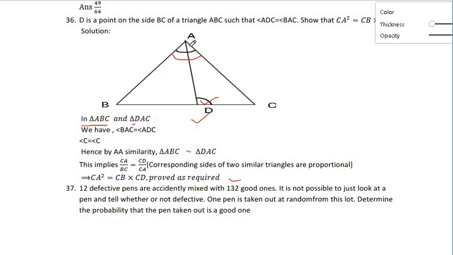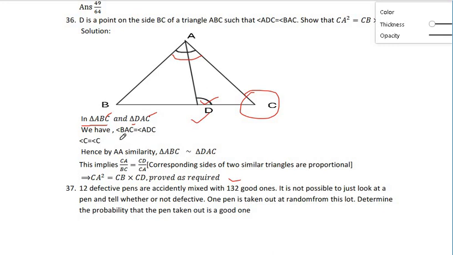Then this angle C is common to ABC and also ADC. C is in the last position, so C also will be in the last position. So A will be in the middle.